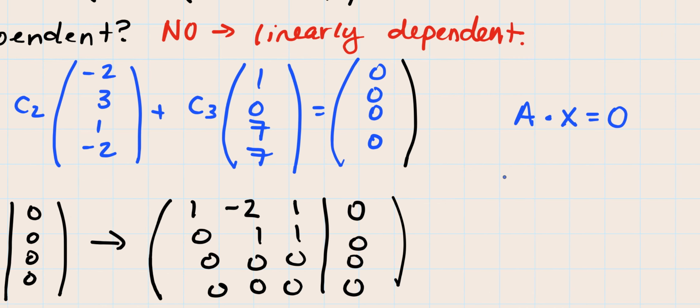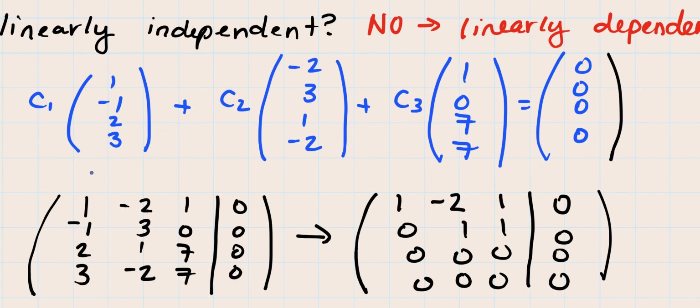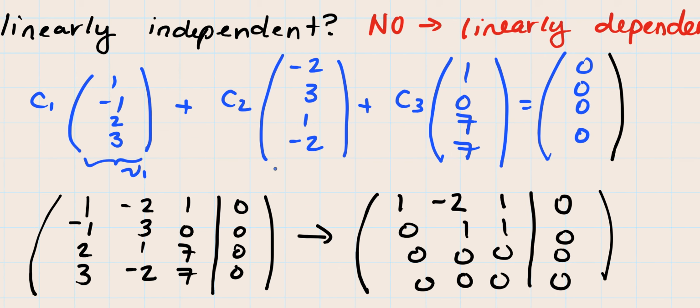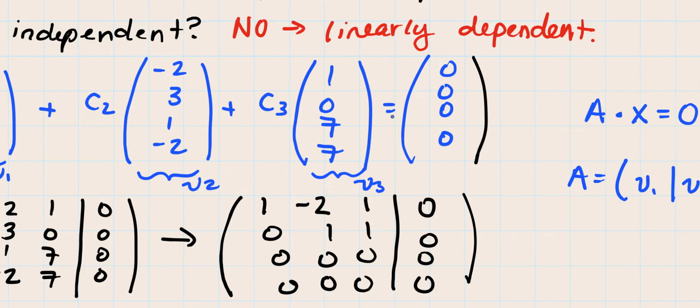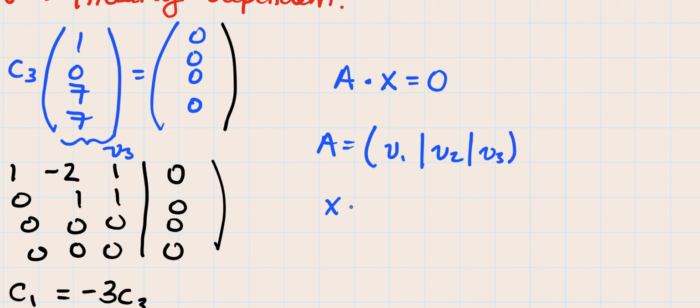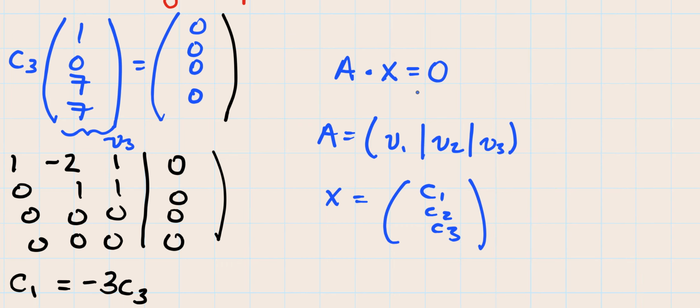So A is V1, V2, V3. Where this vector here is V1, this vector is V2, and this vector is V3. And this C1, C2, C3, that corresponds to x. X is equal to C1, C2, C3. So what we're doing is we're trying to find all the solutions to A times x is equal to 0.